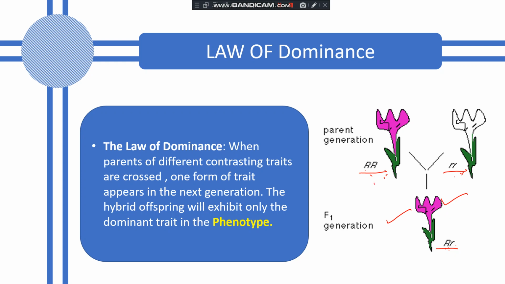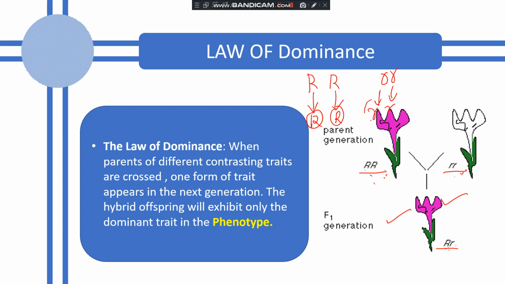Here you can see R and r. When the gametes are formed, they will be capital R, capital R. In a similar way, the other gametes will be small r, small r.